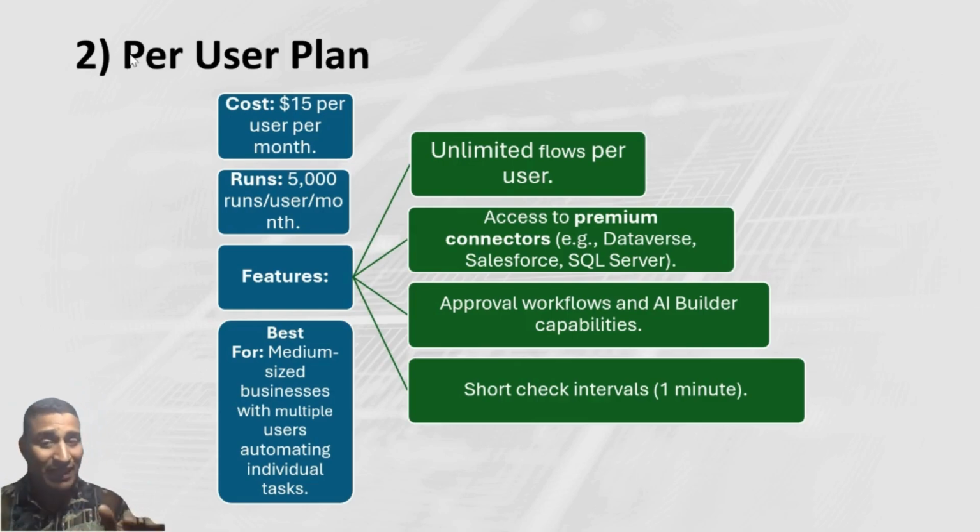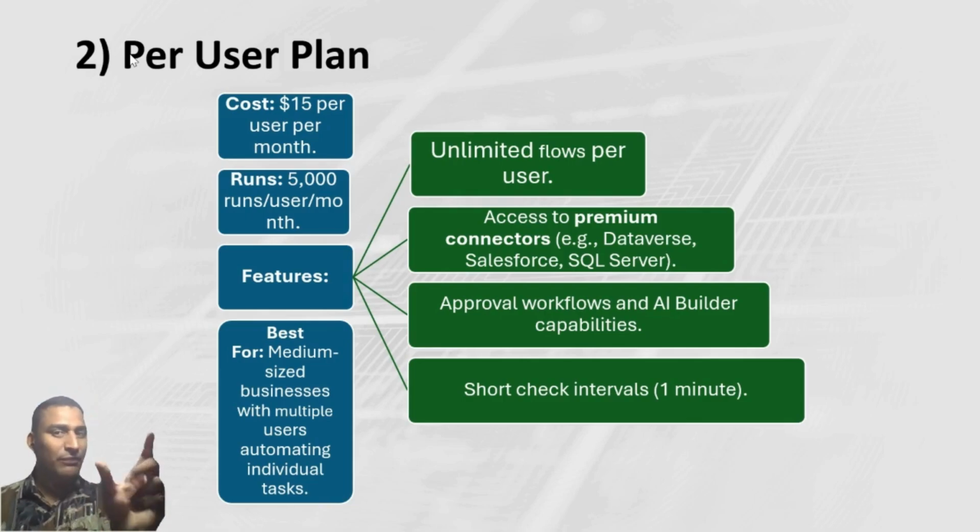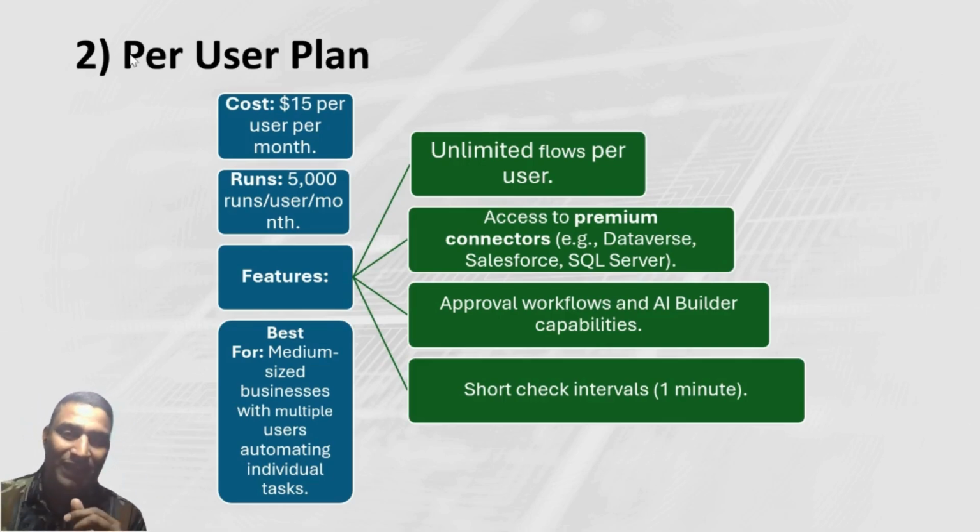So what is the cost? As of now it is region wise, it might decrease or increase, but I am giving a standard calculation: as per Dubai, United Arab Emirates, it's $15 per user per month. So if Vinith is a user, I need to pay $15 for Vinith. And he can run this flow 5,000 times per month.